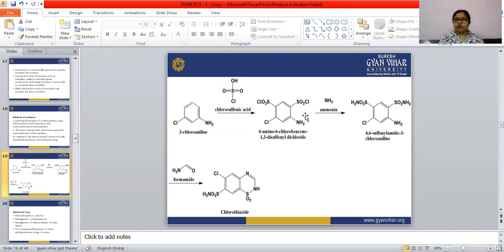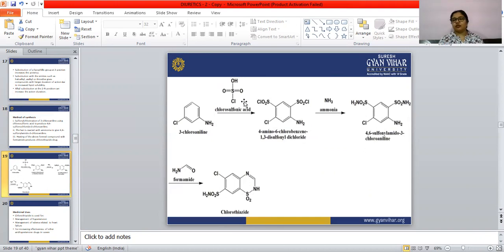Then this reacts with ammonia, which gives 4,6-sulfonamido 3-chloroaniline. When we heat this product with formamide, we get the chlorothiazide drug. So this is the synthesis of chlorothiazide.